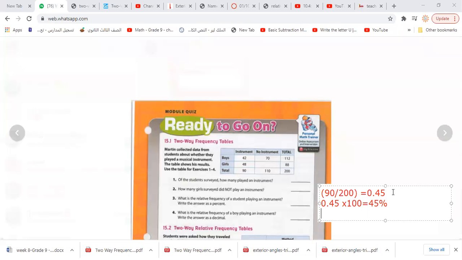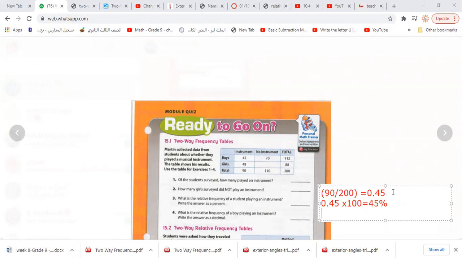Then, what is the relative frequency of a boy playing an instrument? What is the total number he is talking about in this question? He said the boy playing an instrument, so he's talking about all the boys.